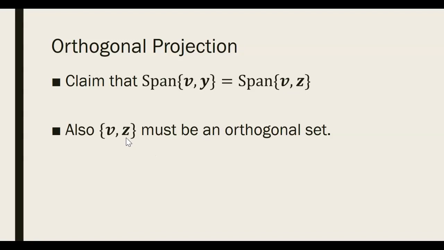Moreover, because of the way I found z, z and v must be an orthogonal set. So {v, z} is an orthogonal set whose span is the same as {v, y}.